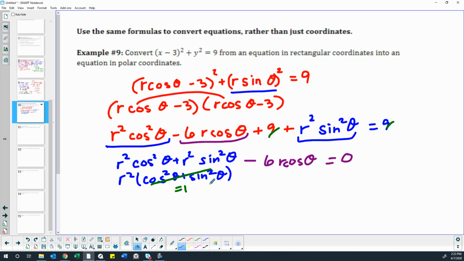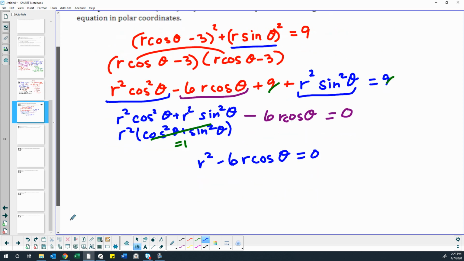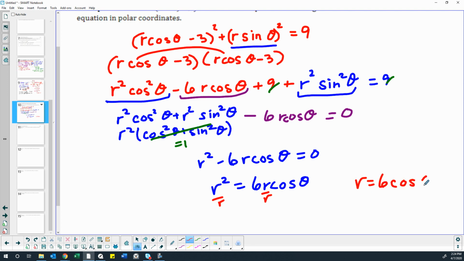So that turned into 1, which leaves us with r squared, and then we have negative 6r cosine theta equals 0. This might look better if we wrote it as r squared equals 6r cosine theta. And do we really need that extra r on both sides, or could we divide both sides by r and end up with r equals 6 cosine theta?